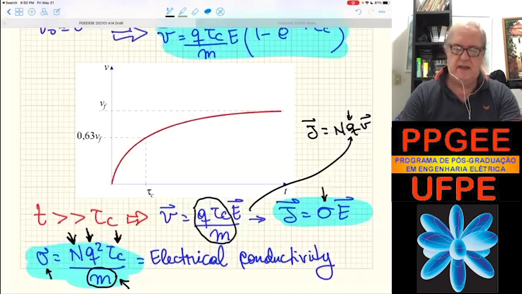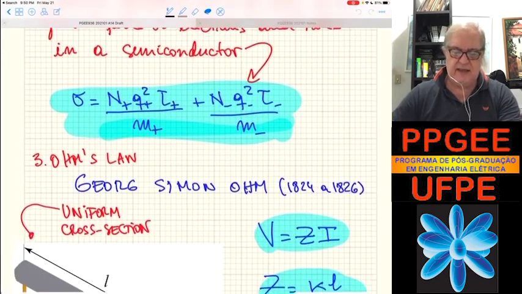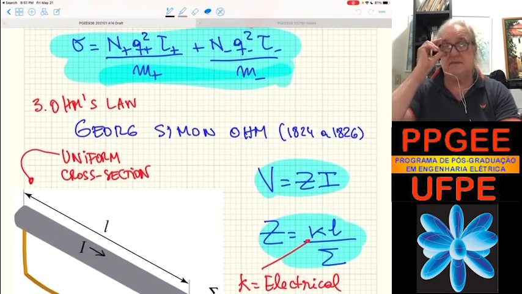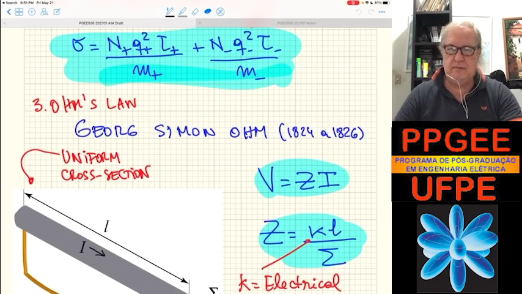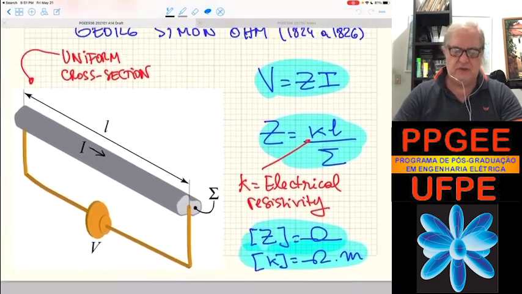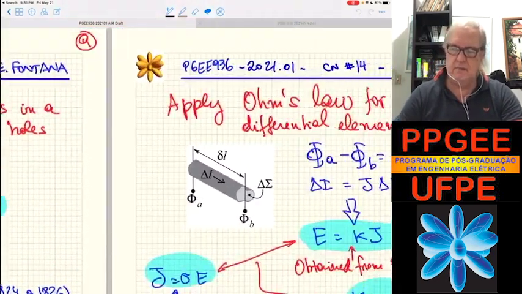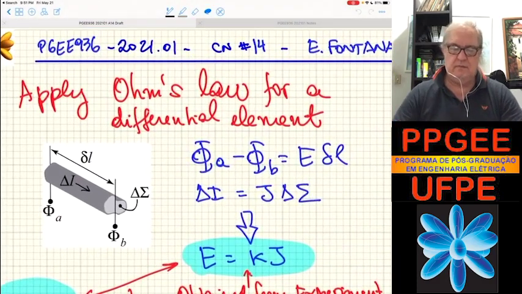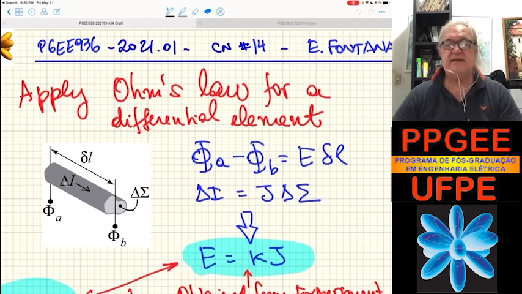Okay, so let's see what the implications of Ohm's law are. If we apply Ohm's law to a differential element, let's say that the length is delta L, and uppercase delta sigma is the area. Then we have an uppercase delta I flowing across the conductor.